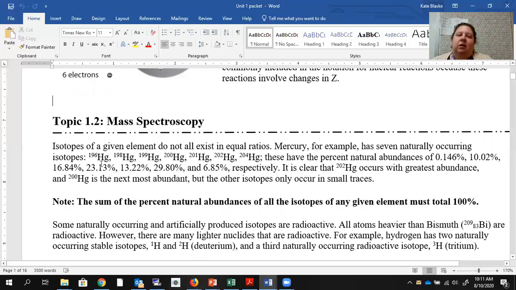So when isotopes exist, especially naturally occurring, they do not all appear in the same abundance. So some isotopes are more readily available, some isotopes are much more rare. So those percent abundances are kind of the same as the percent by mass we talked about originally.